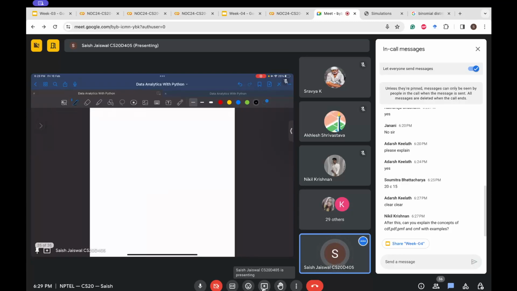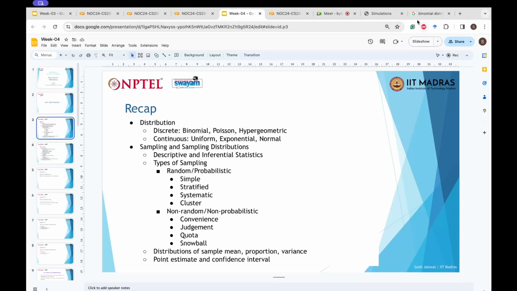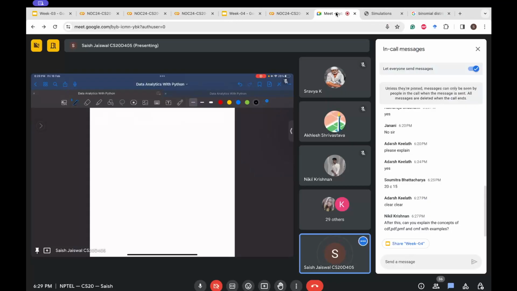Okay, fine. Now the next distributions are Poisson and hypergeometric. So can anyone tell what the formula for the Poisson distribution is? There is a random variable X following the Poisson distribution.